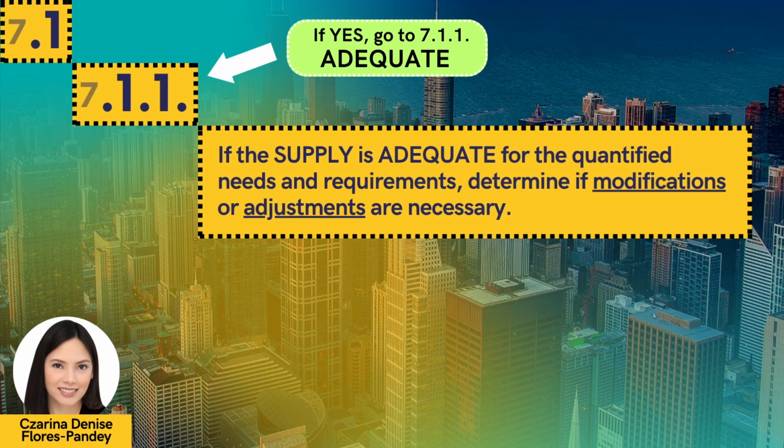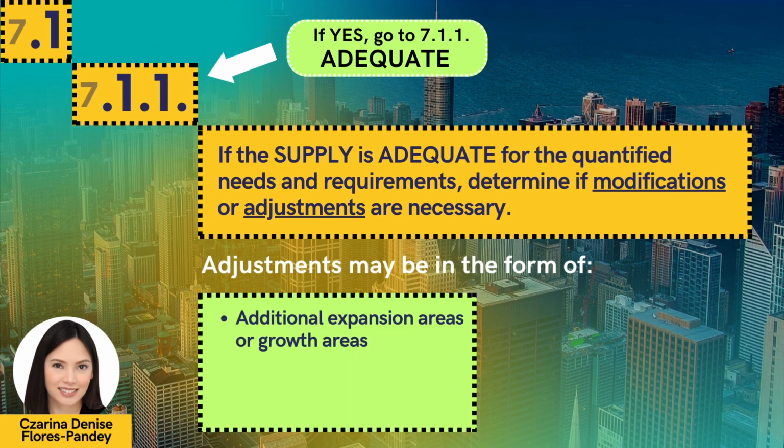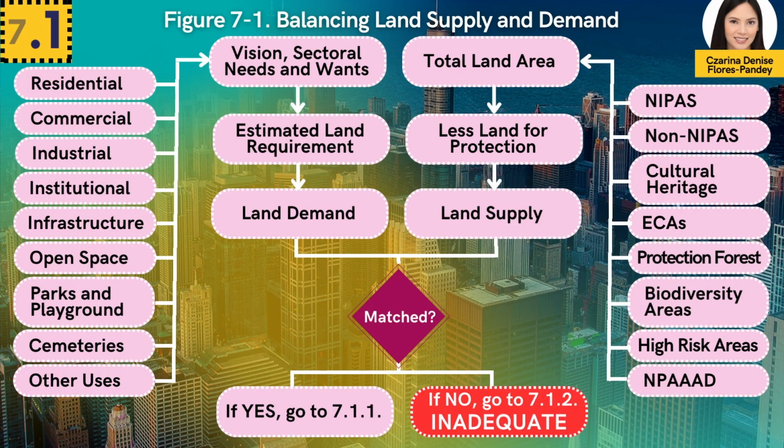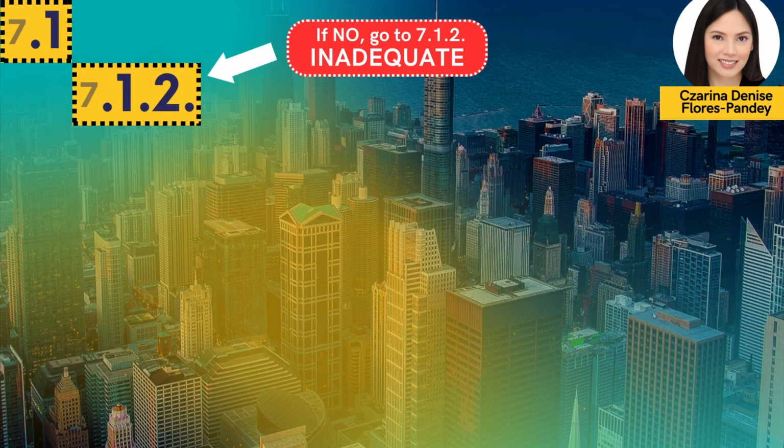If the supply is adequate for the quantified needs and requirements, determine if modifications or adjustments are necessary. Adjustments may be in the form of additional expansion areas or growth areas, allocation policies that would ensure the progressive realization of the city's or municipality's development vision.